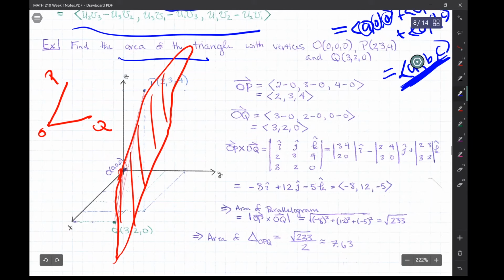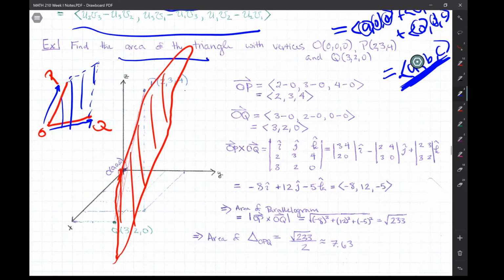Well, what then is the cross product if we take the vector OP and the vector OQ? What are we going to get as a cross product? We're going to get the area of a parallelogram that they make. Okay, so that would be this whole guy here.